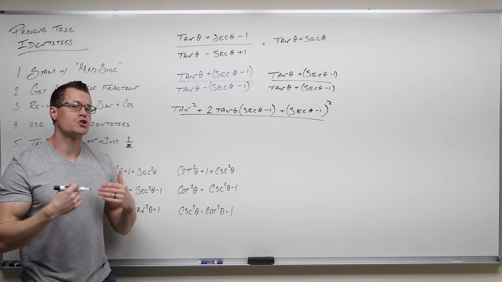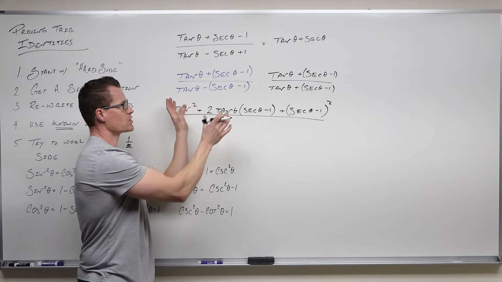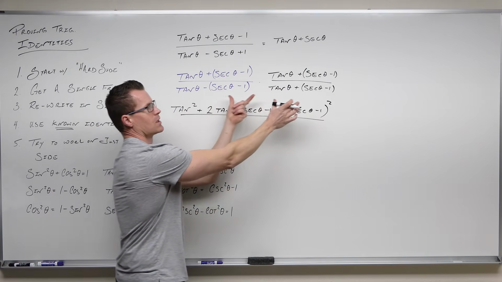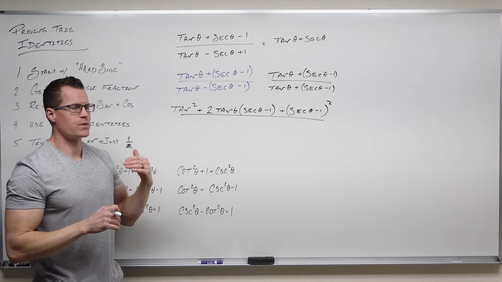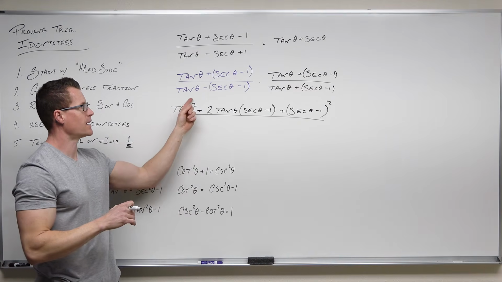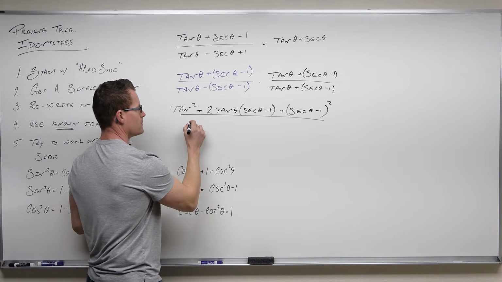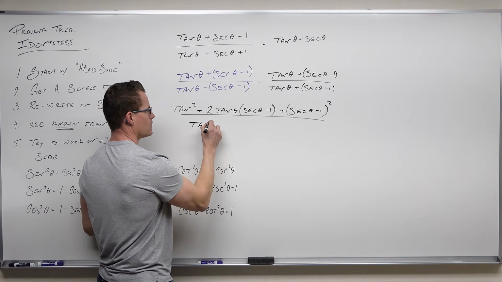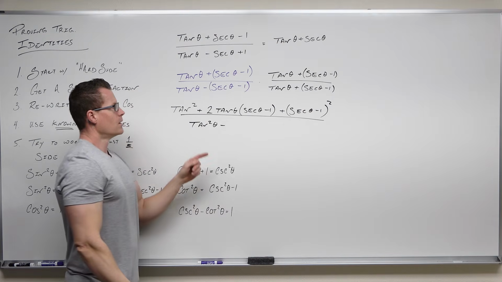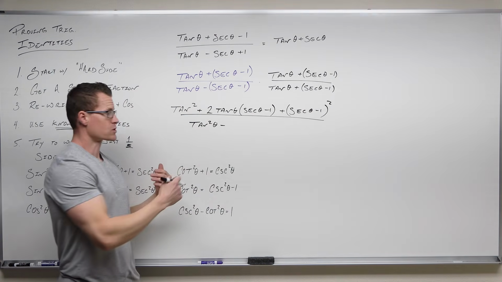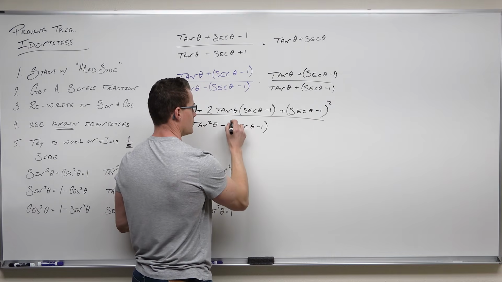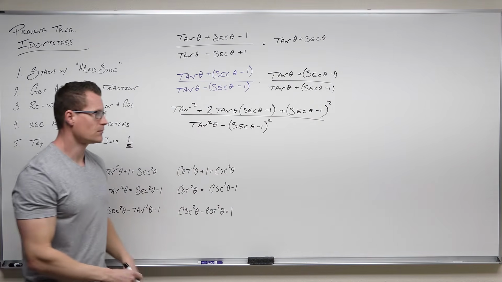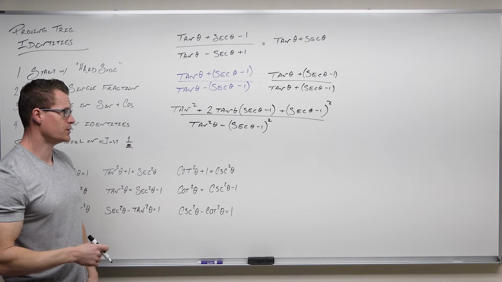On the denominator, we chose to do this idea of a conjugate. One term, two terms, one term, two terms with a different sign in the middle is a conjugate idea, so that we get our middle terms canceling. That gives us tangent squared theta minus secant theta minus 1 squared. We're going to have a whole lot of distributing to do here.